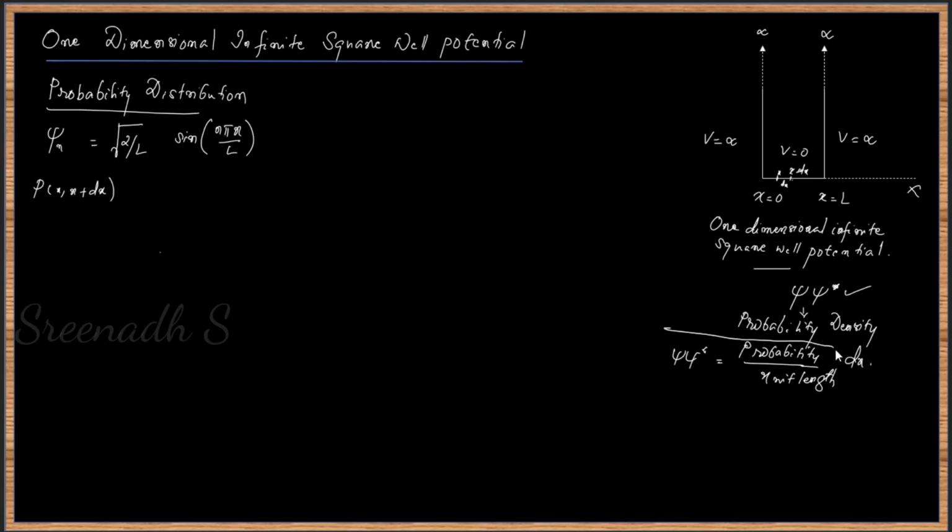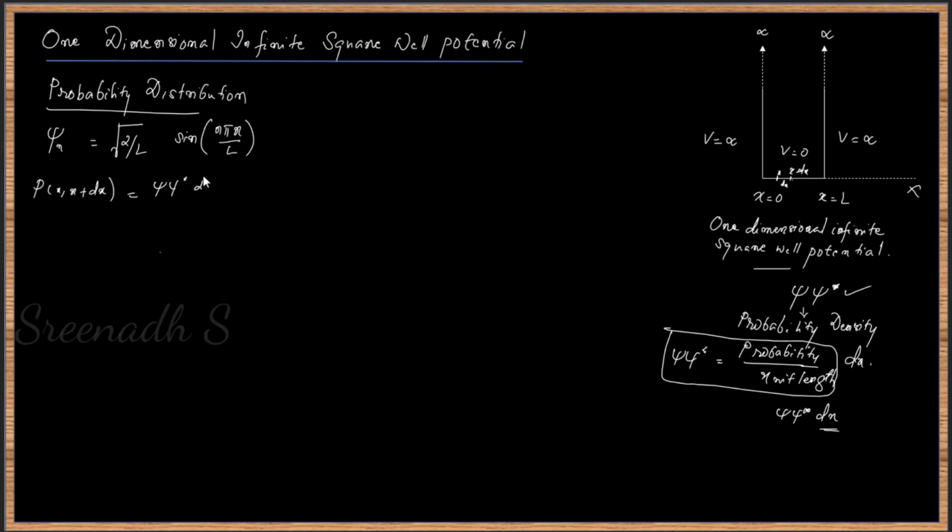So psi star into dx is the probability for dx length. That is what we are going to write: psi star dx.